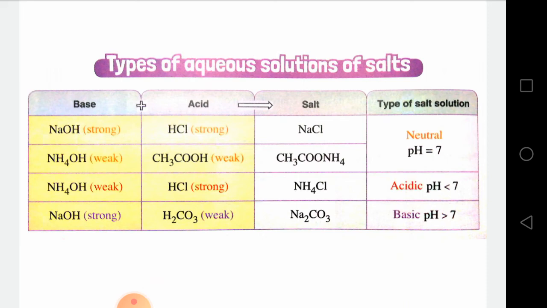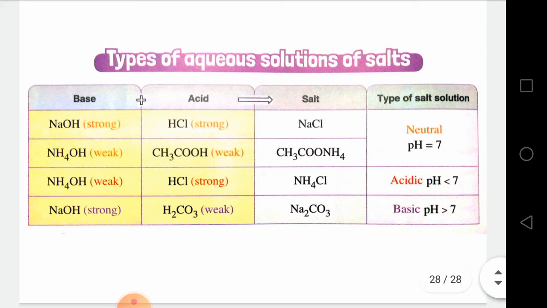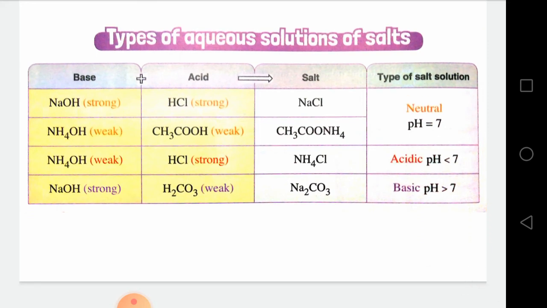If the source of the salt is strong acid and strong base, they neutralize each other completely to produce a neutral solution. Also, if the salt comes from weak acid and weak base, they also neutralize each other completely to produce a neutral solution of salt.